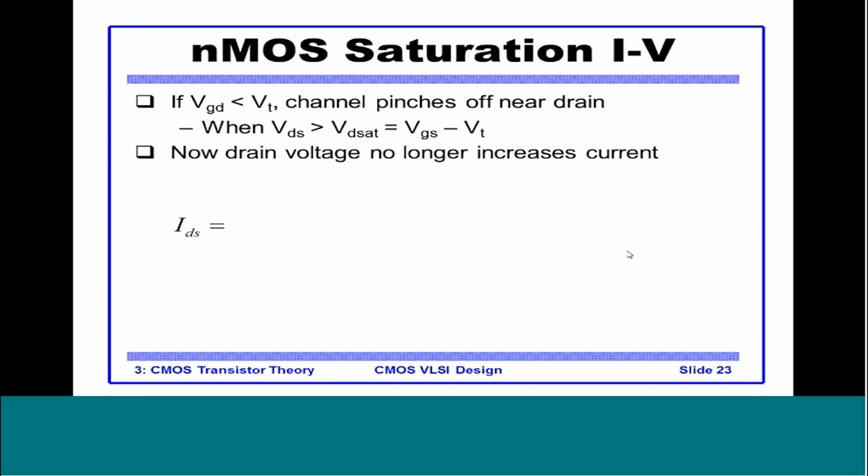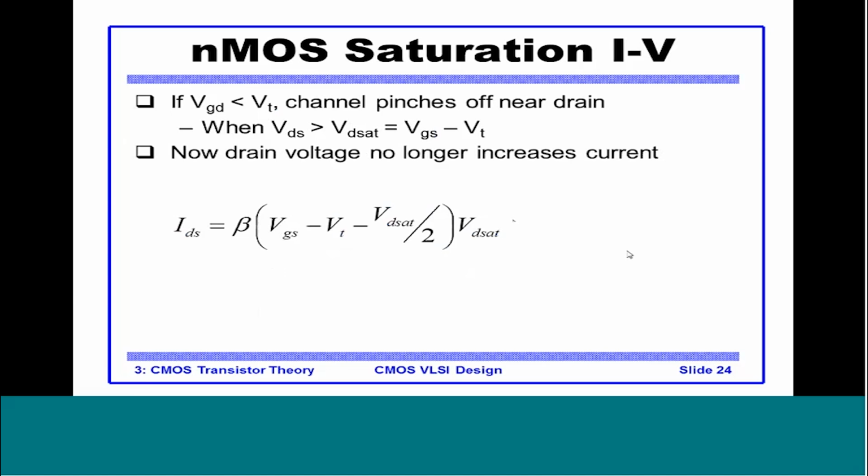Now what happens when the transistor goes into saturation? We see that whenever VGD, that is VD, is greater than VGS minus VT, or whenever VDS is greater than VD sat, the channel pinches off near the drain. As we saw earlier in the diagram, an increase in drain voltage will no longer increase current.